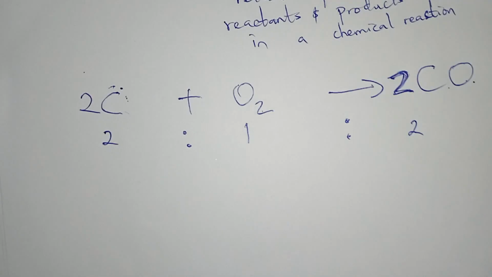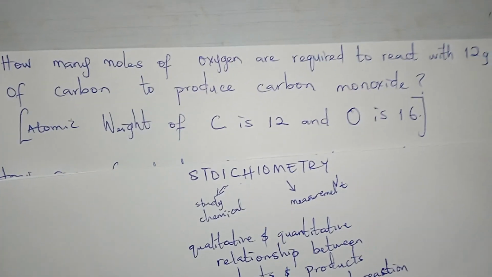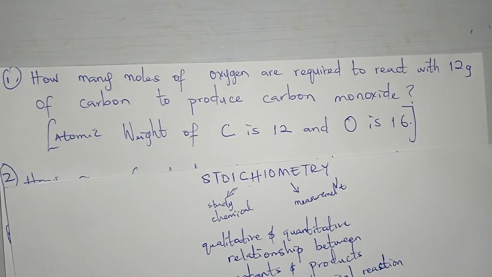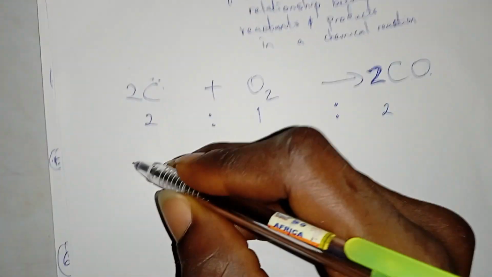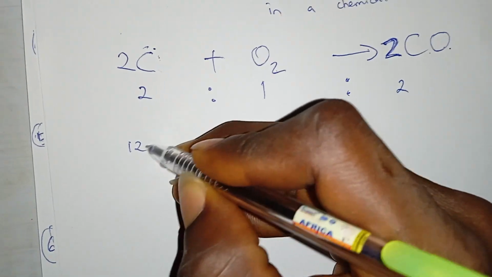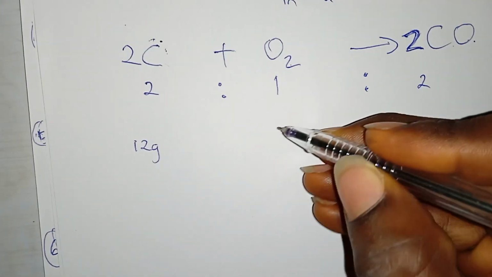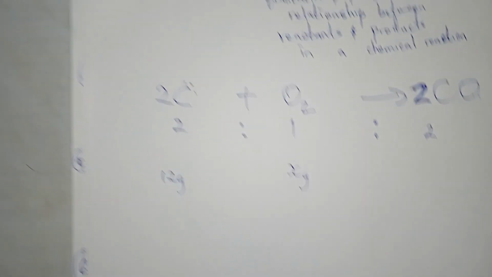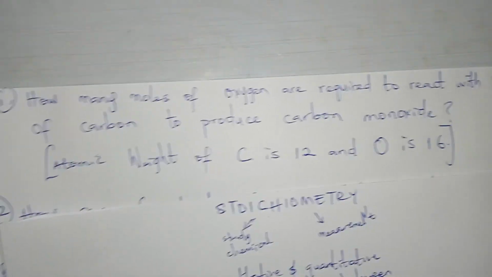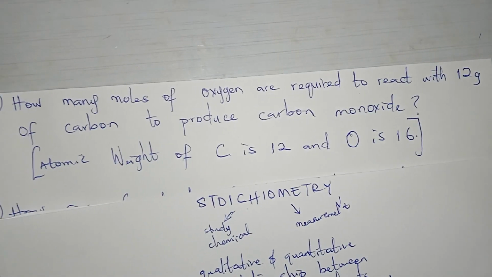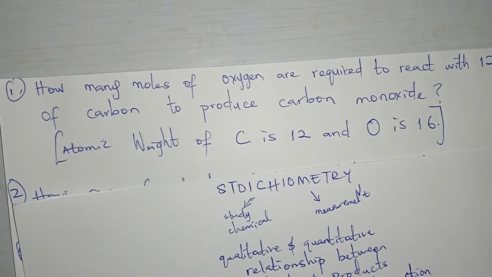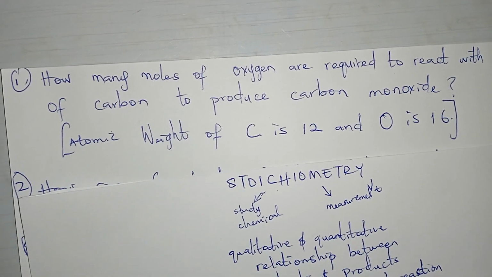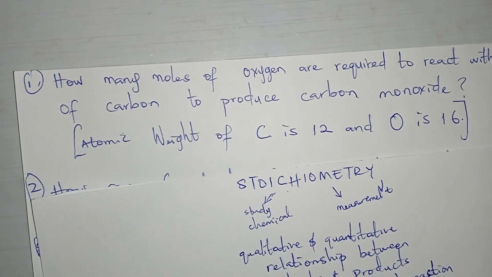Now the next thing is to ask yourself, the question gave you 12 grams of carbon, against x gram of oxygen. So always notice what you are asked. Anytime you're given a question in mole, always solve for the given value against what you are asked to find.